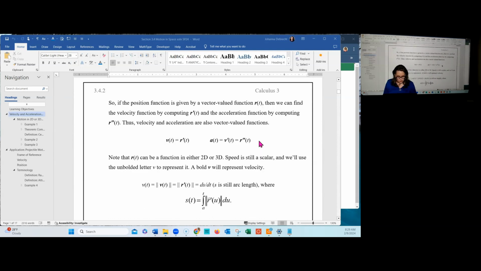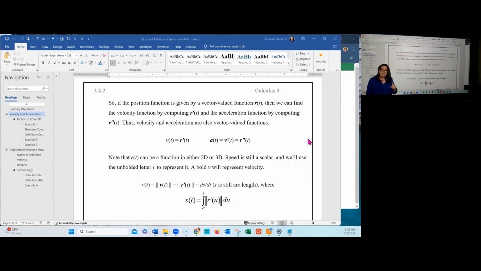So if we use a vector valued function, r of t, to represent our position, then we can find the velocity function, v of t, as r prime of t. And the acceleration function, which is the derivative of velocity, v prime of t, becomes r double prime of t. Note that r of t can be in either 2 dimensions or 3 dimensions.